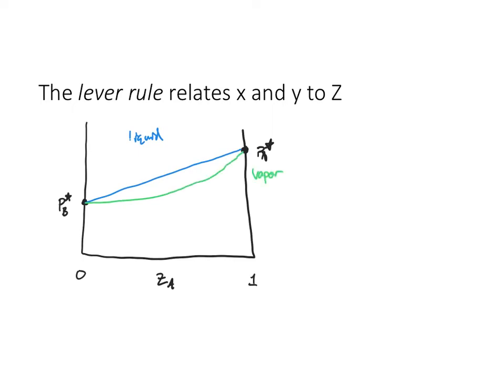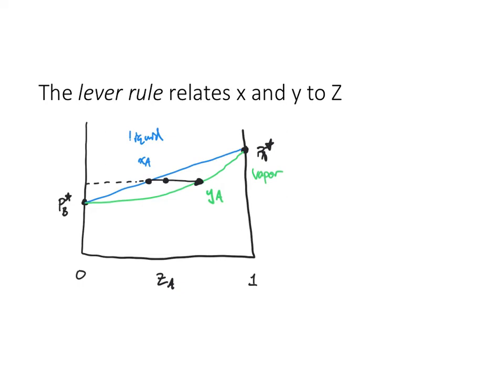So let's say I create a system like this, consisting of a binary mixture, and I figure out what's the pressure of the system. And I say, okay, there it is right there. That's going to have a certain mole fraction in the liquid state, and it's going to have a certain mole fraction in the vapor state. What about Z? I'm going to tell you right now that Z is going to exist somewhere in between those.